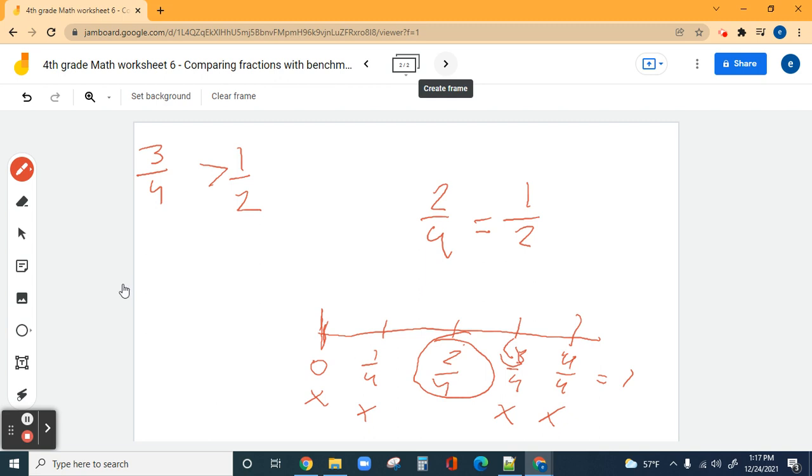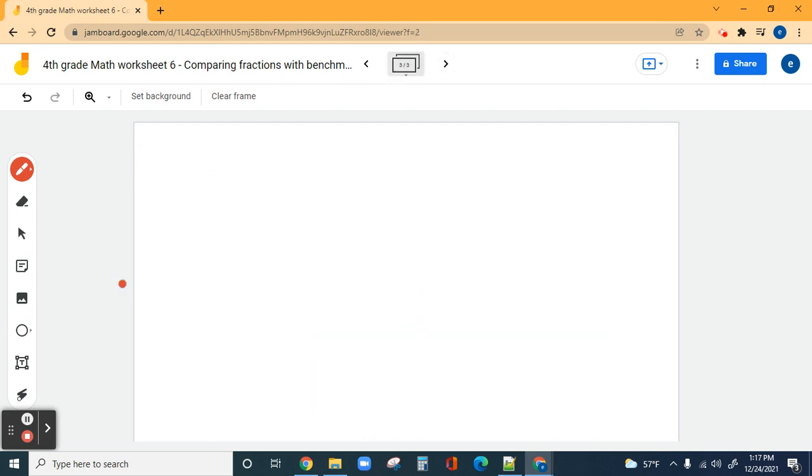Let's go to number 3: 4 by 6 and 1 by 2. Now we have to make 6 lines: 1, 2, 3, 4, 5, 6.